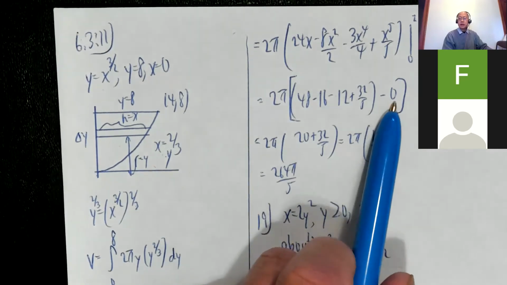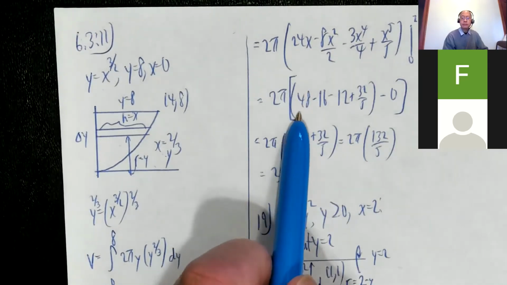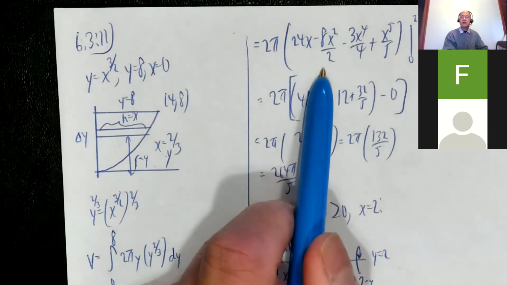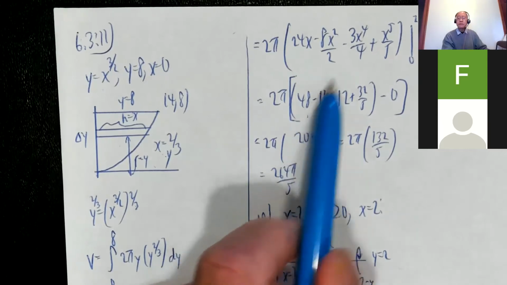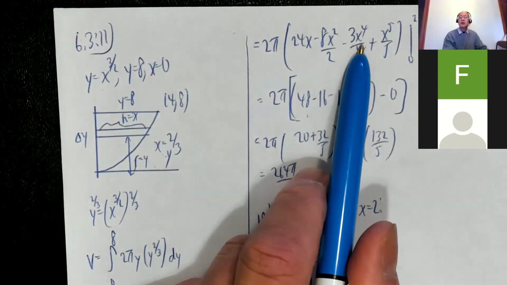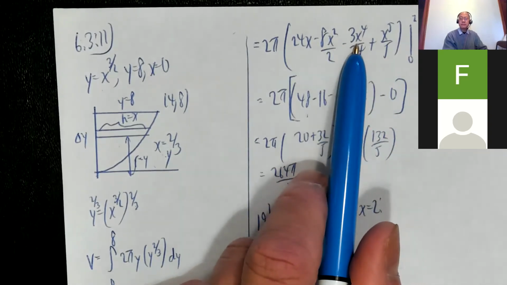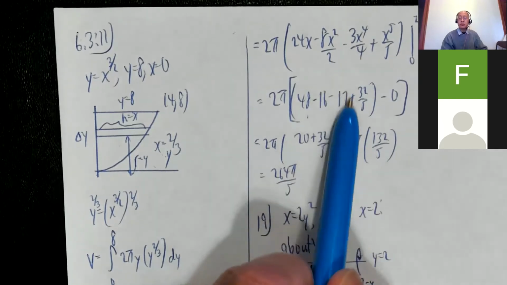Okay. Plug in 0, you get 0, 0, 0, 0, 0. Plug in 2, 24 times 2. Plug in 2, 8 times 4 divided by 2, 16. Plug in 2. Let's see, 3 times 16 divided by 4. 3 times 4 is 12.